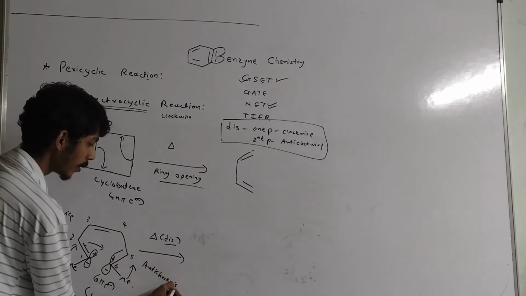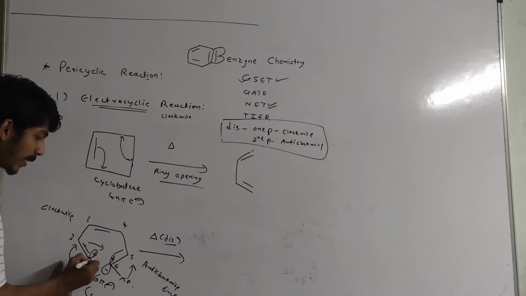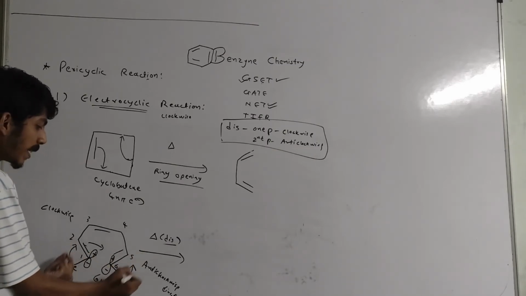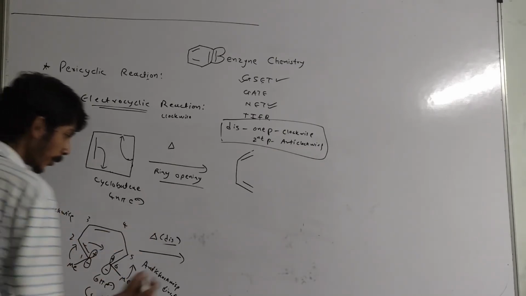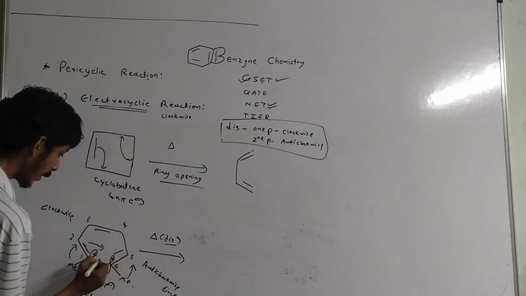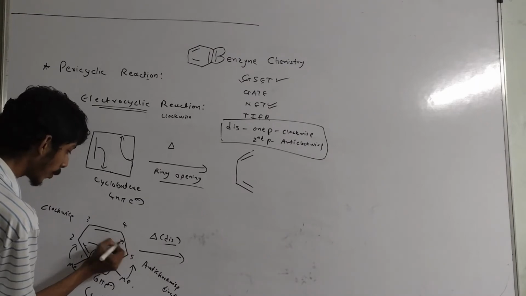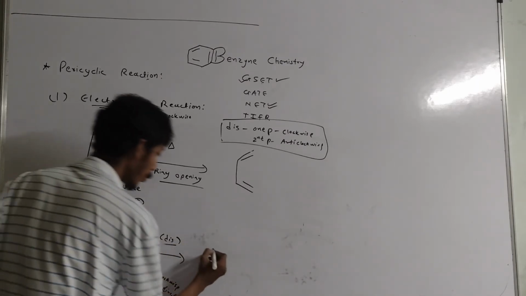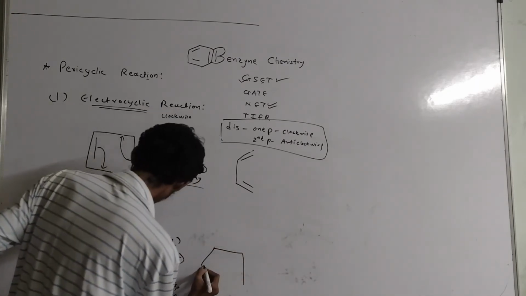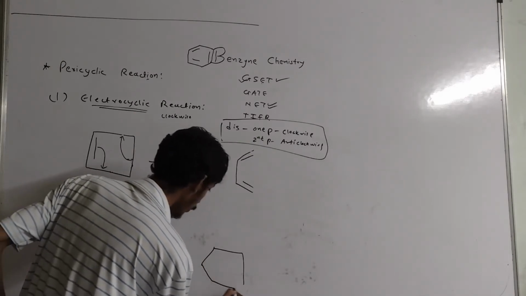So stereochemistry remains the same because both the methyl groups go upward. Okay, so you write it like this. This pi electron goes here, this pi electron goes here, and this pi electron goes here. So here the cyclohexadiene is formed.